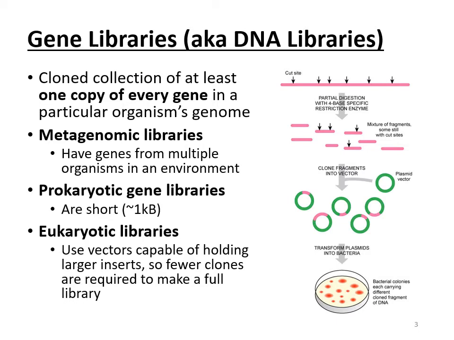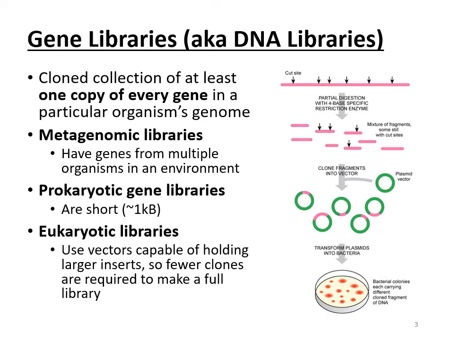Okay, so when we talk about genetic engineering, we also have what's called gene libraries and DNA libraries. Basically what this means is not only are we capable of cloning single or individual genes, but now we can clone libraries of whole genomes, okay?